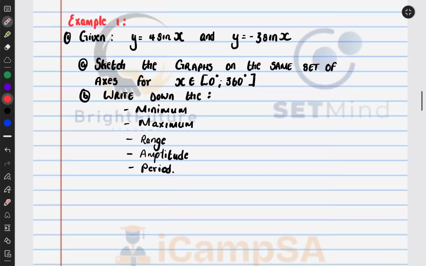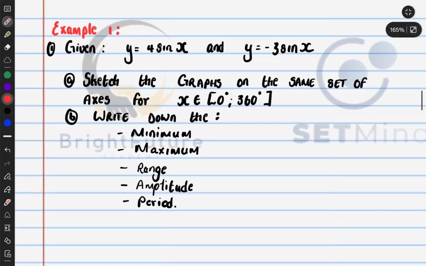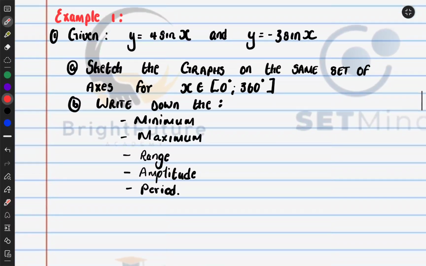So here we have example number 1. For example number 1, we are given y is equal to 4 sine x and y is equal to negative 3 sine x.